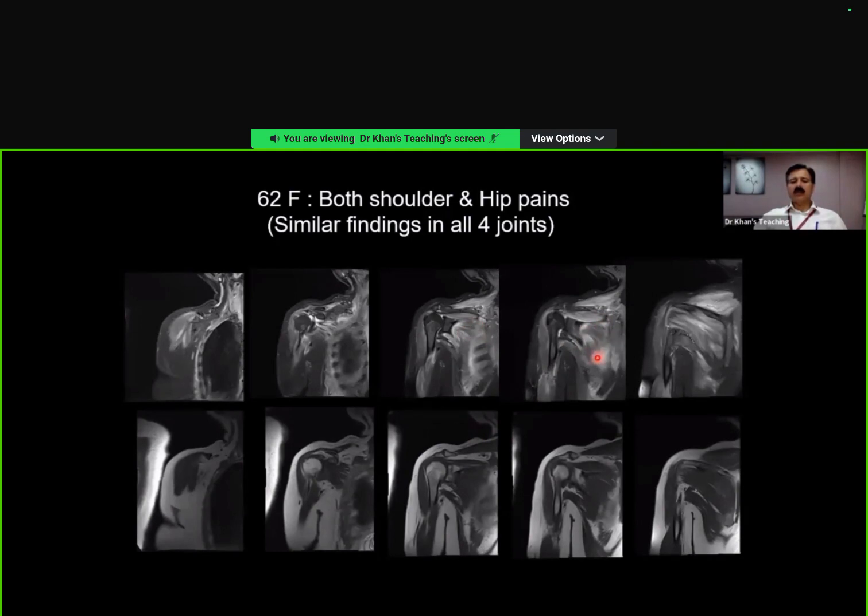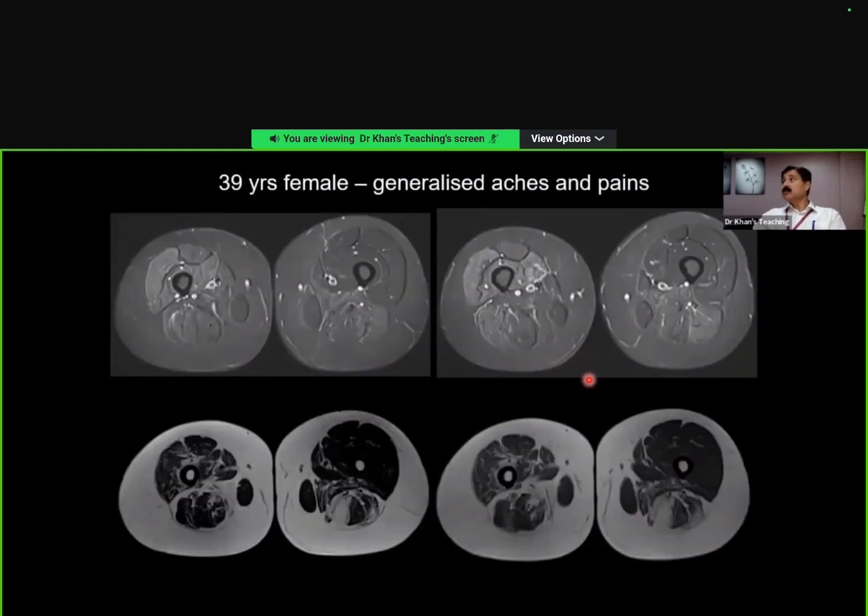And once you pick up edema, you have to tell the posterior compartment on the left and the anterior on the right.